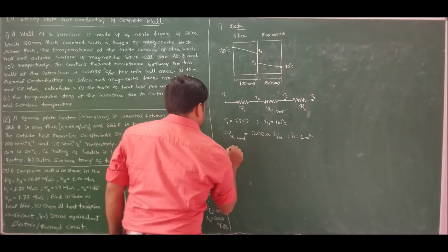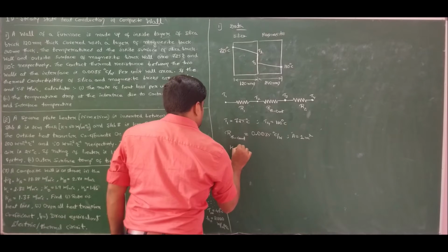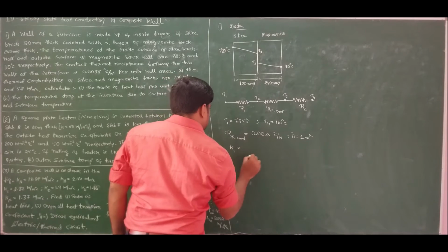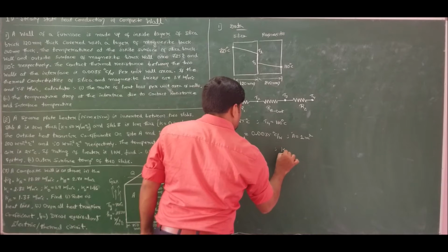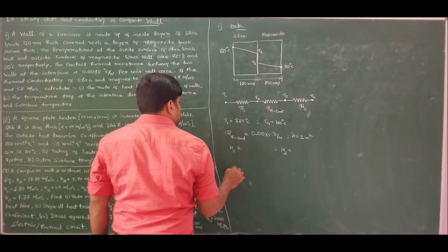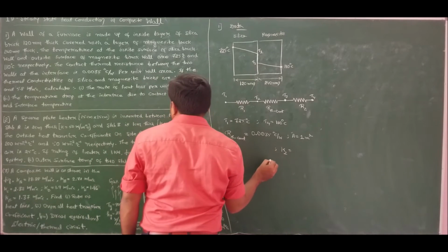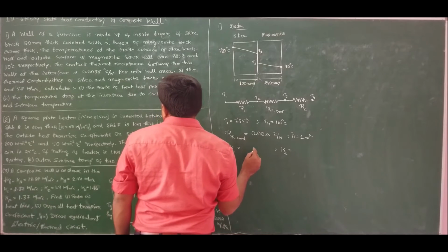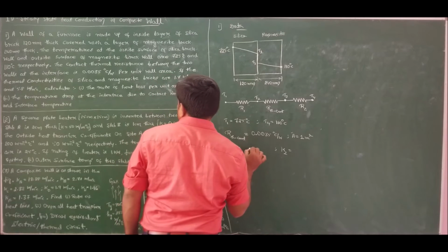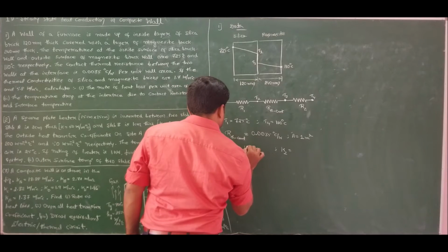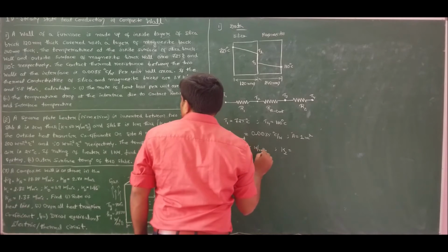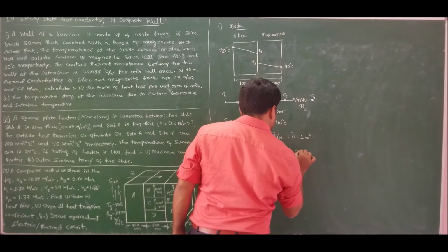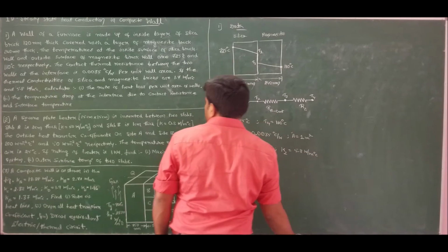If the thermal conductivities of silica and magnesite bricks, I am using suffix 1 for silica brick and suffix 2 for magnesite brick for noting down the values of thermal conductivities, we have 1.7 watt per meter degree Celsius and 5.8 watt per meter degree Celsius respectively.